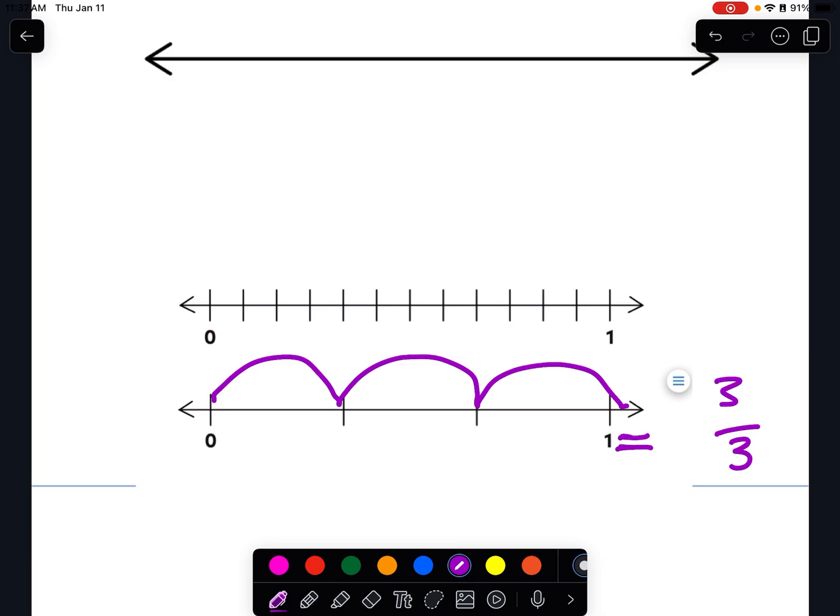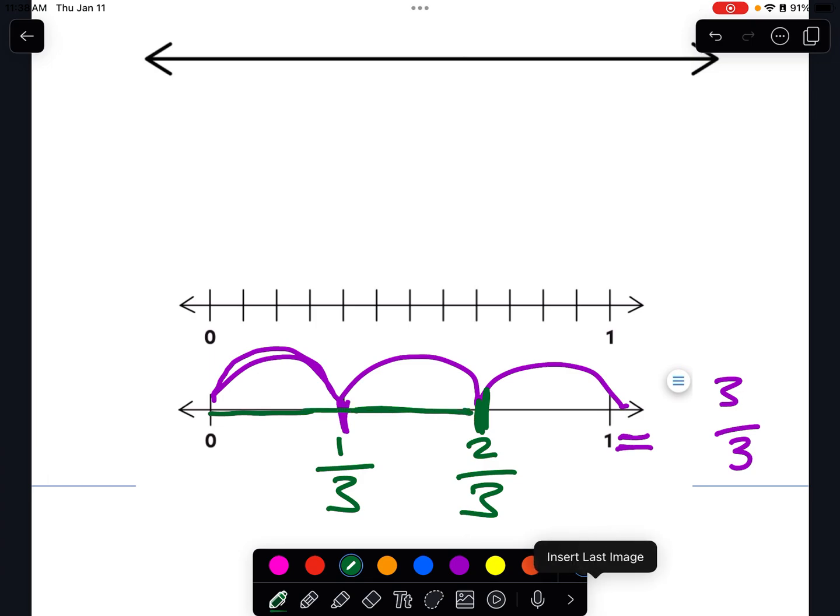So this tick mark right here, that is 1 rainbow jump over, and so that's going to be 1/3. And then this tick mark here, that's 2 rainbow jumps over, that's going to be 2/3. Because this segment is 1/3, this segment is now 2/3. And now if we jump 1 more, then this segment is now 3/3. I hope that all makes sense.